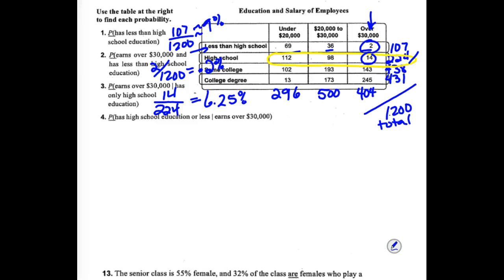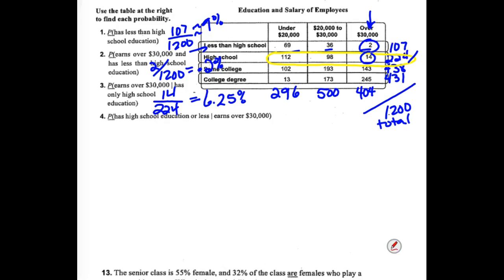So remember, if there's a given, we're looking for a conditional probability, we're only using one row or column from our table. Okay? The last one says, what is the probability they have a high school education or less, given that they earn over $30,000? Now we're looking at what? Which part of the table am I limited to? The over 30,000, right? The given piece. I'm limited to just this information.